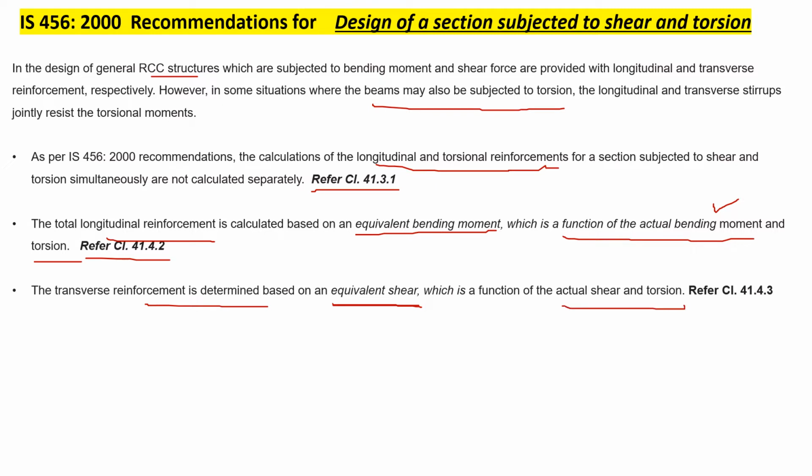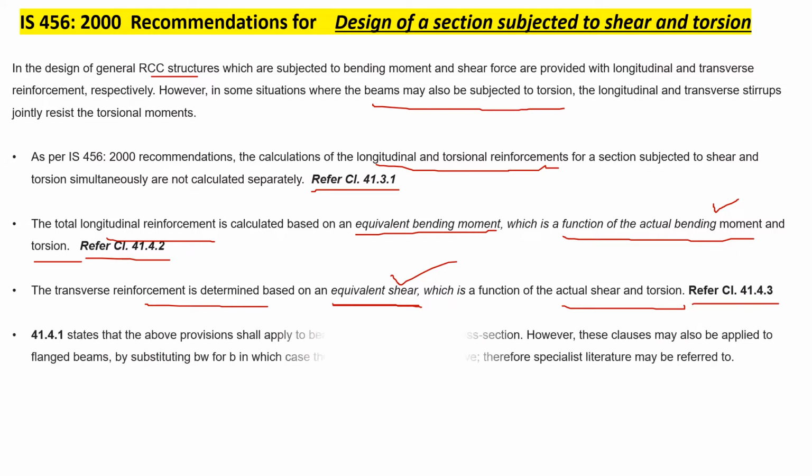That means torsional movement is acting, and due to that torsion, the section will be subjected to some torsional shear also. So based on these two, we are going to calculate this equivalent shear. That means transverse reinforcement needs to be designed to take care of this equivalent shear, and for this we can refer to clause number 41.4.3.